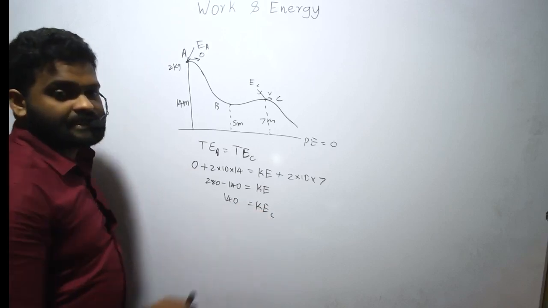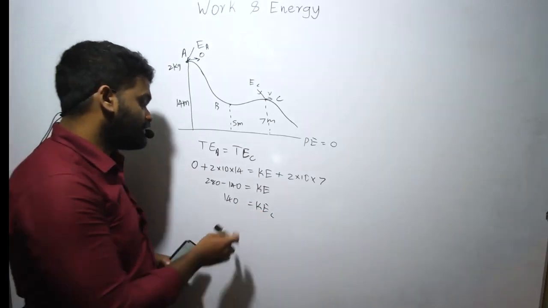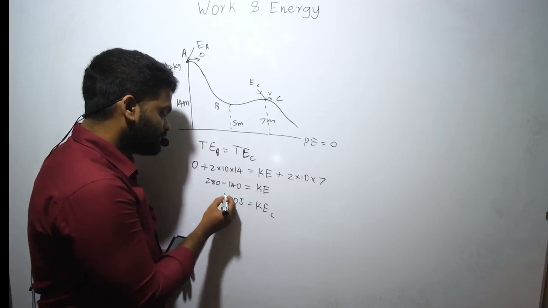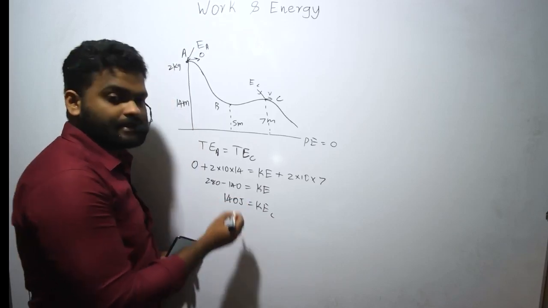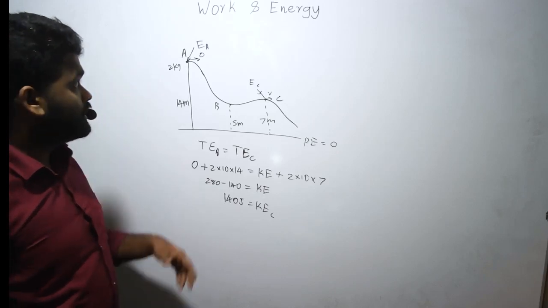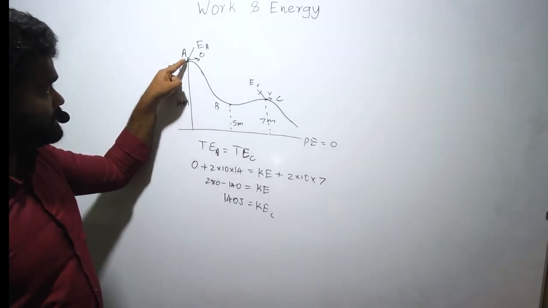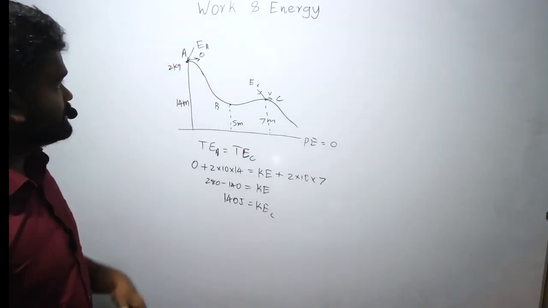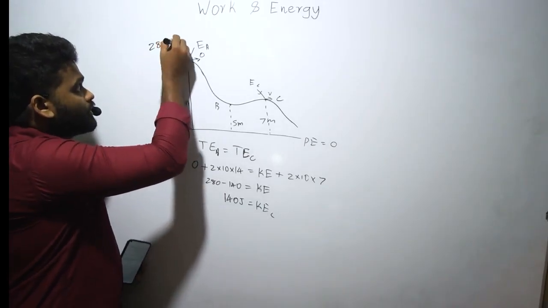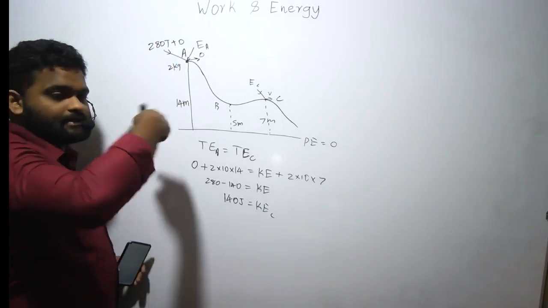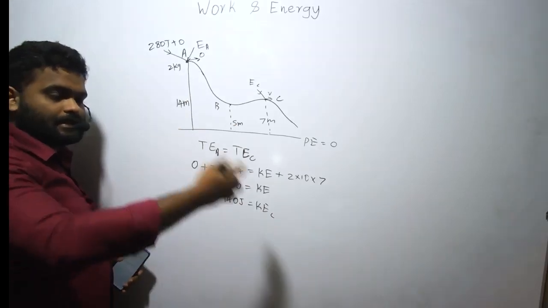That is the kinetic energy at point C, 140 joules. You can see here the kinetic energy is 0, but the potential energy is 280. So it's a good question to understand these energy conversions, right?